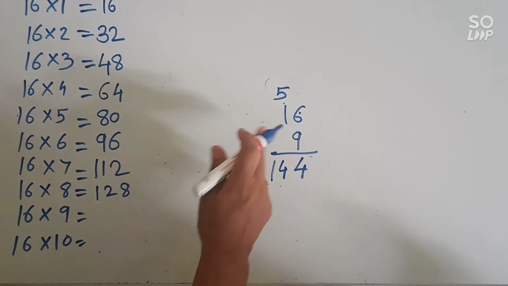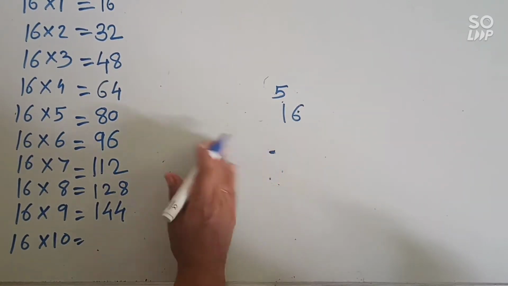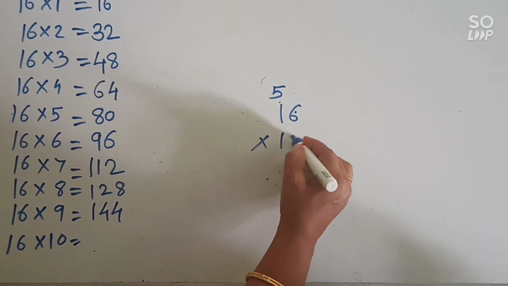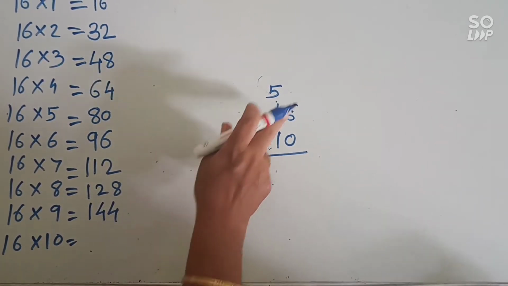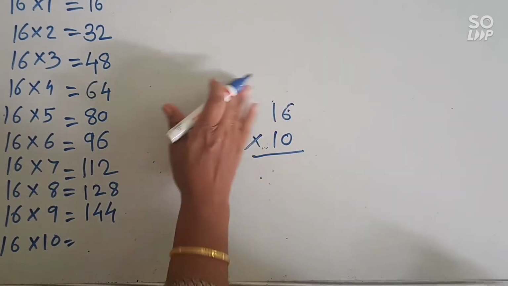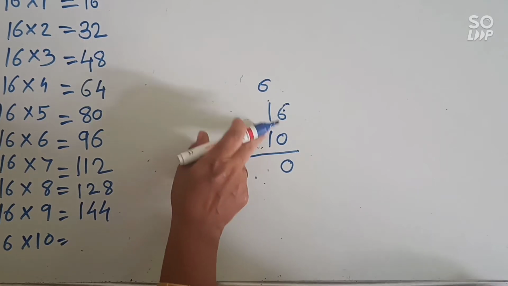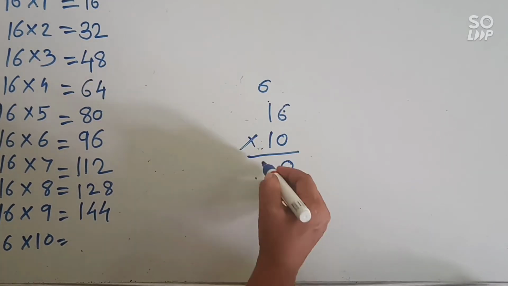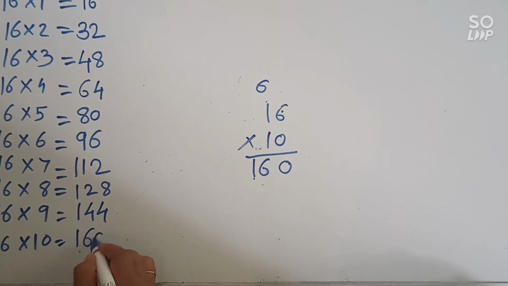Okay, so 16 nines are 144 and 16 tens are, you know the table of 10, 10 sixes are 60, 6 carry over, 10 ones are 10 plus 6 is 16. Okay, so 16 tens are 160.